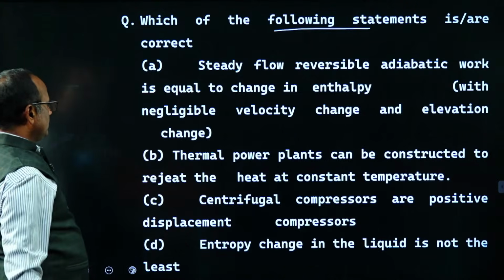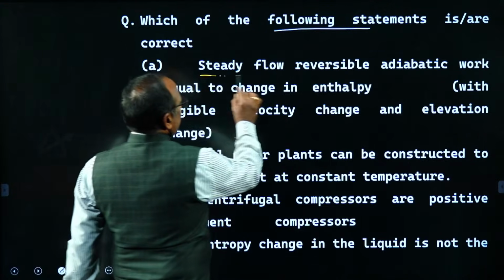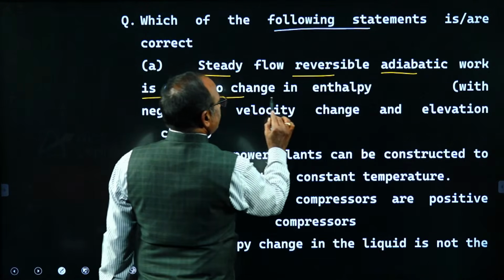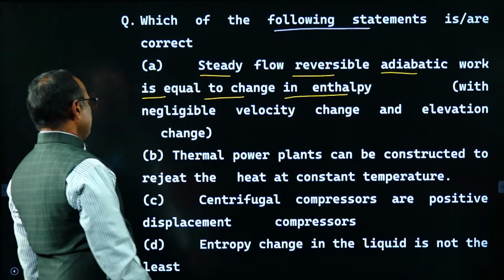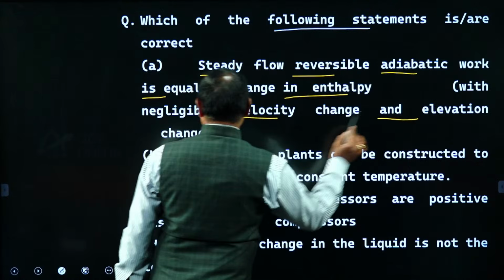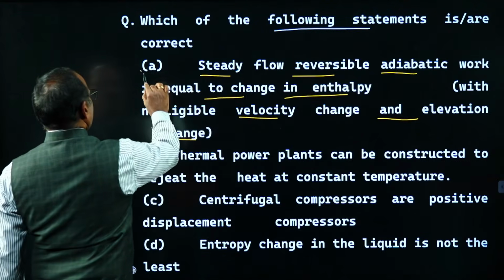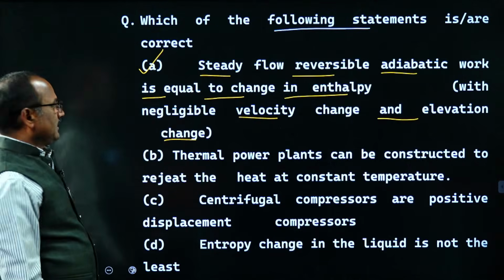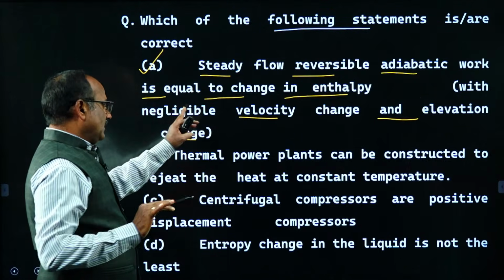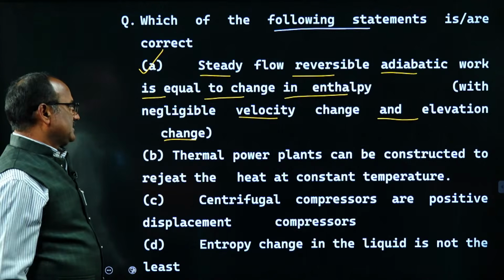Let me read option A. Steady flow reversible adiabatic work is equal to change in enthalpy with negligible velocity change and elevation change. Absolutely correct.